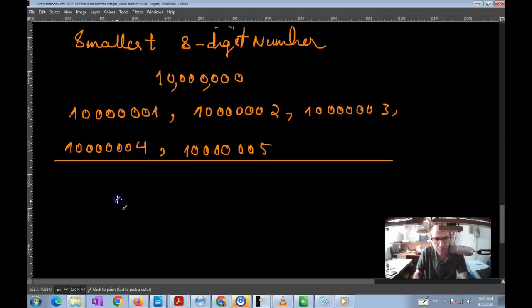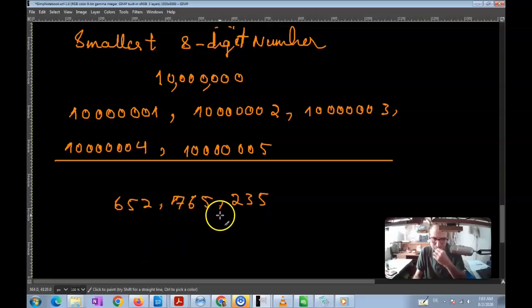For example, 652,765,235. As you see the number, you see there is one comma over here and one comma over here, which means there are 6 digits over here.